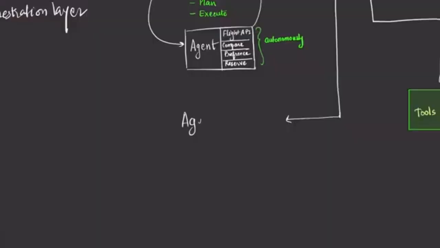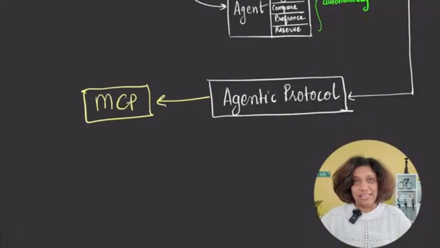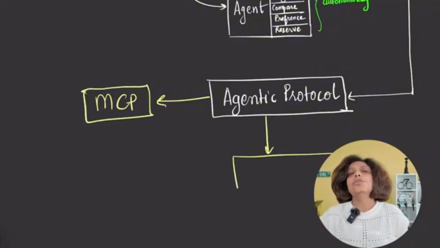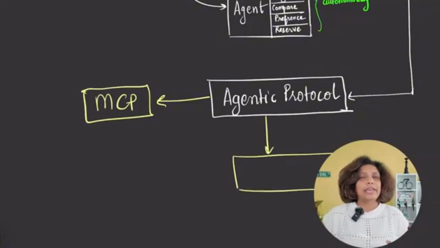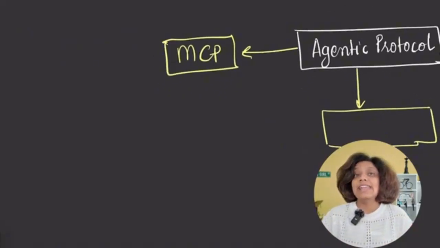As AI agents become more common, we need standardized ways for them to communicate. That's where agentic protocols come in. There are two major protocols you need to know about right now. The first one is the Model Context Protocol, MCP, from Anthropic. This is an open standard for how applications provide context to language models and connect them to external tools and services.